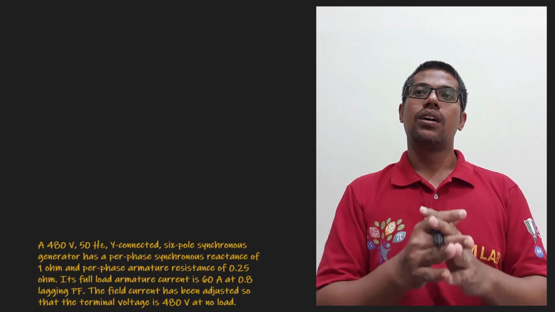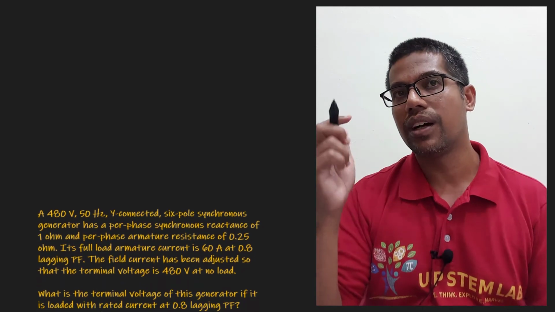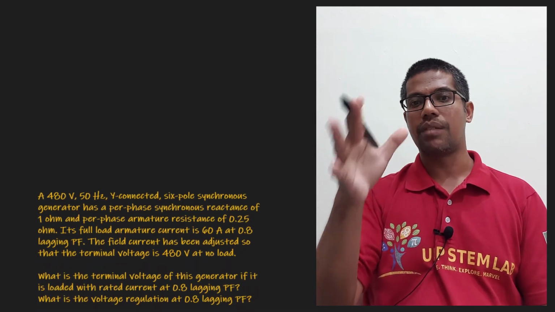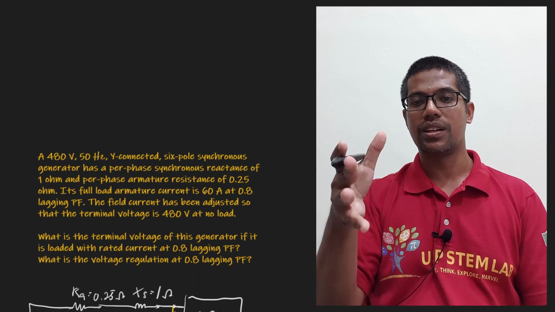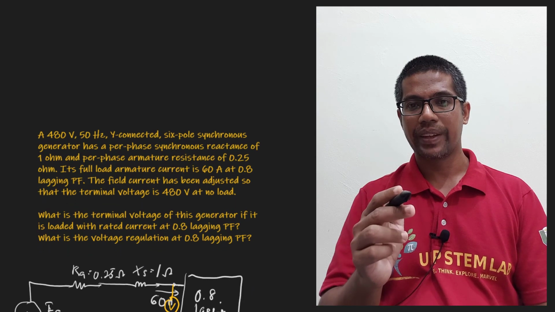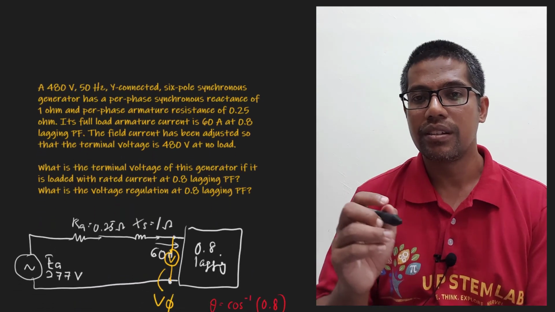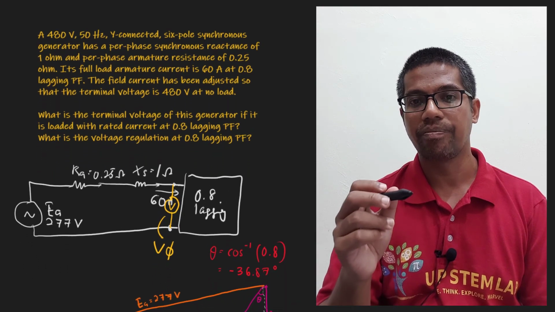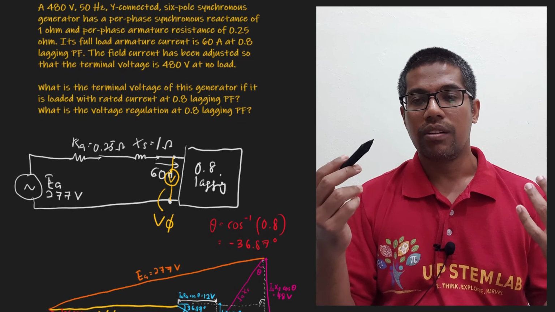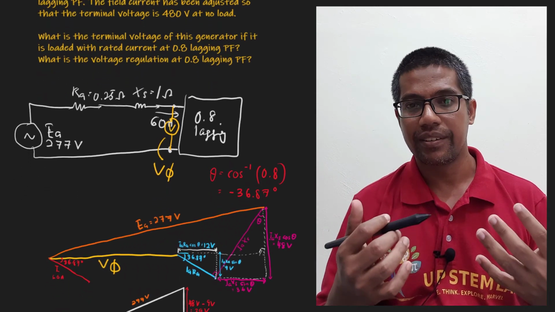So what should we do now? After you understand this step-by-step concept of solving this equation, you should go to the comment column. We already put questions in the column so that you can do this exercise on your own. Remember, voltage regulation will change at different power factors.